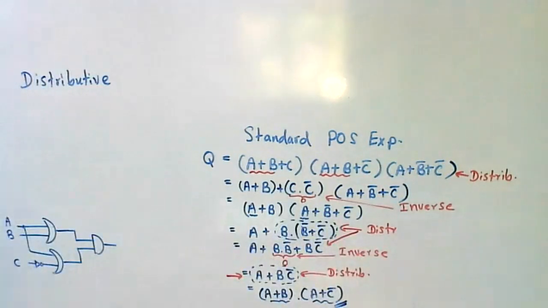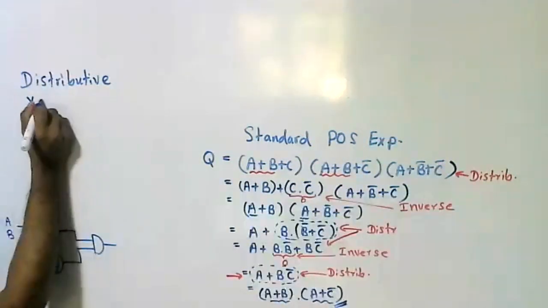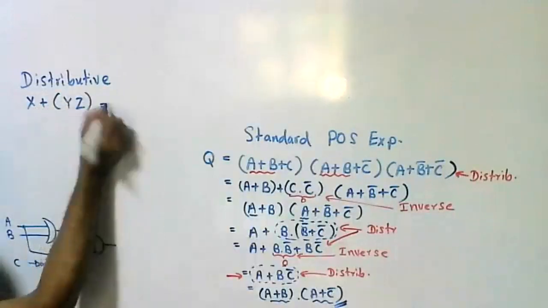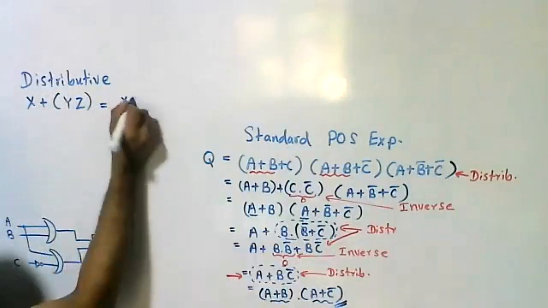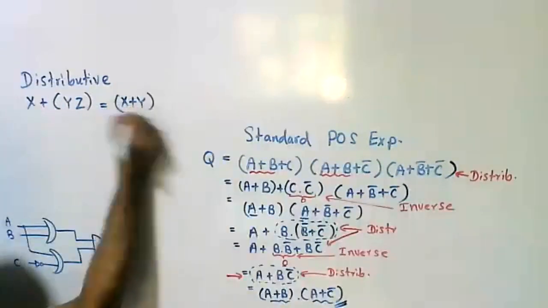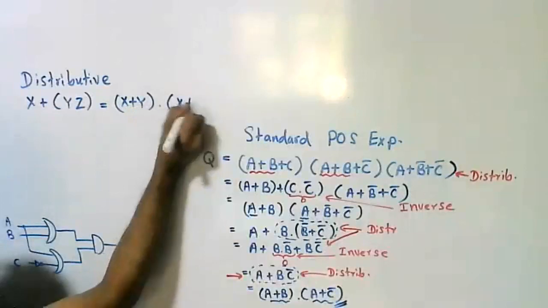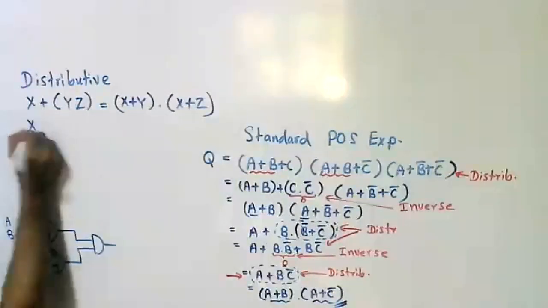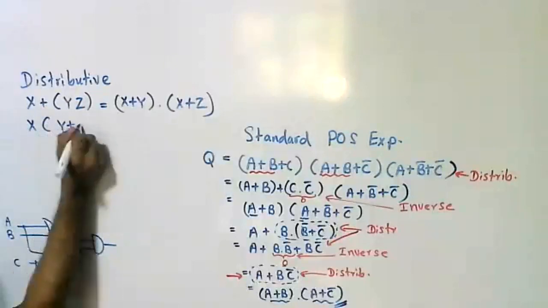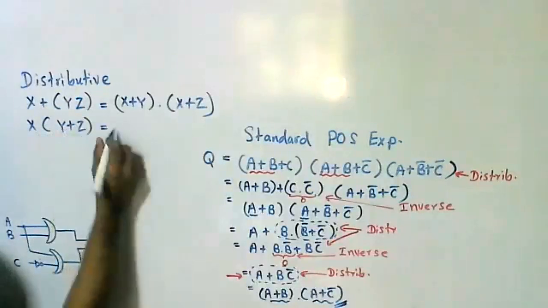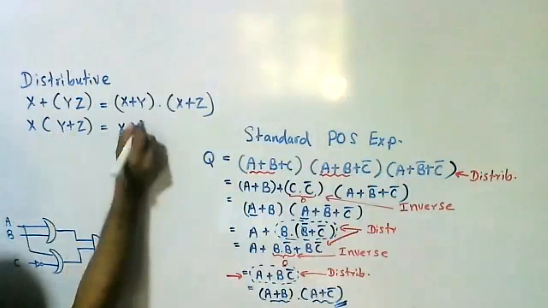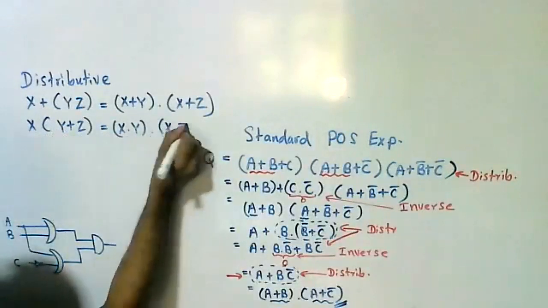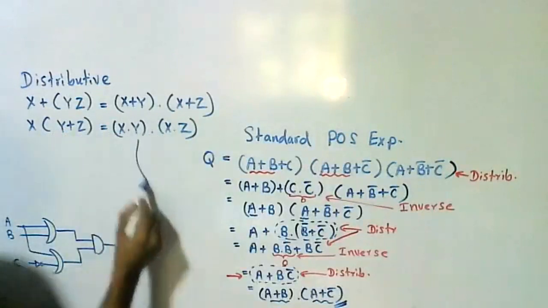One, X plus YZ is equal to X plus Y, dot, X plus Z. The other one is X, Y plus Z equals X Y plus X Z. Here I applied this one.